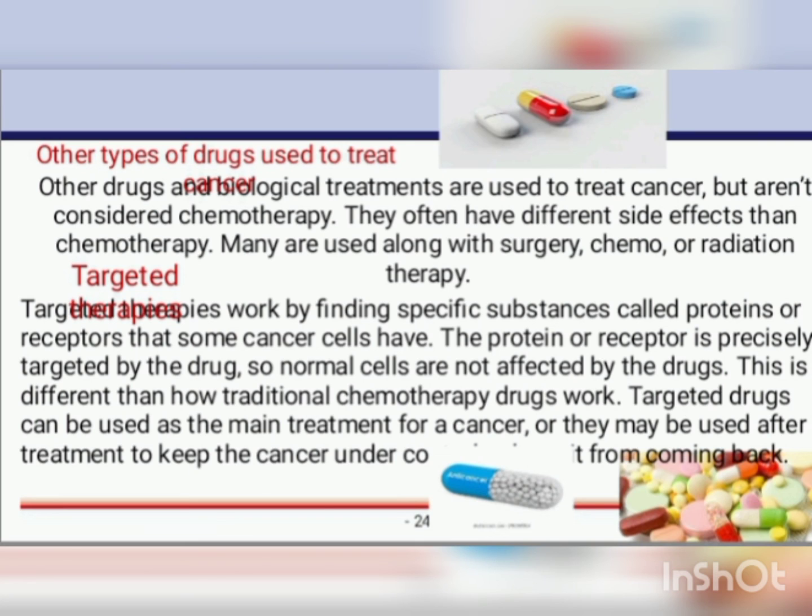The protein or receptor is specifically targeted by the drug, so normal cells are not affected. This is different from how traditional chemotherapy drugs work. Targeted drugs can be used as the main treatment for a cancer, or they may be used after treatment to keep the cancer from coming back.